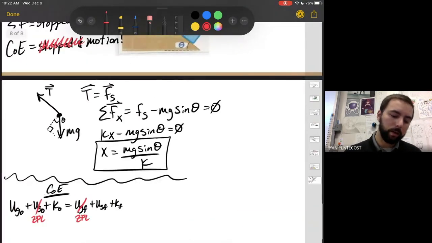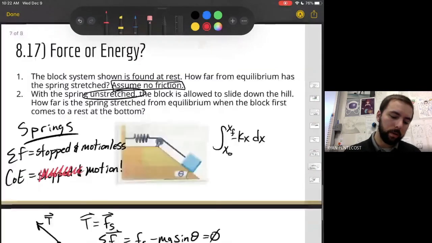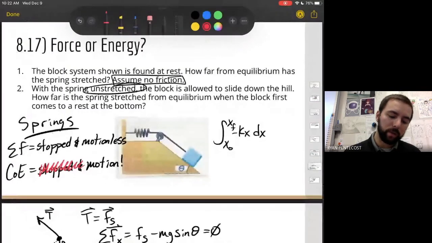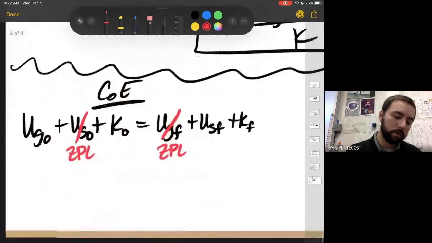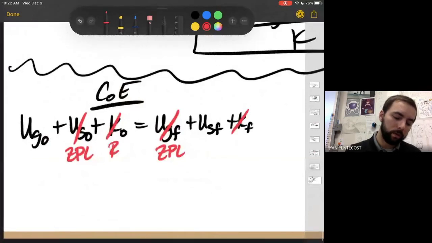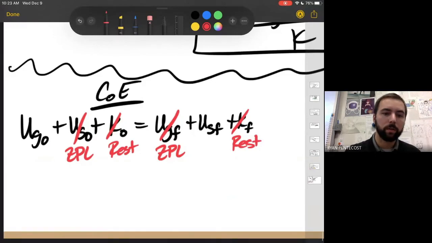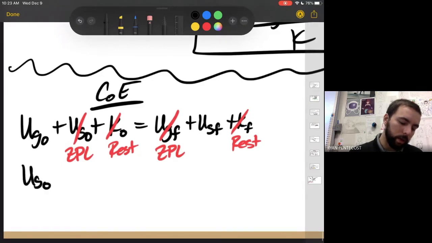It is released from rest, right? The block is just allowed to slide down, and we're looking at maximum elongation, so that is also rest. So rest for both kinetic energies. Okay? So all we are left with is UG naught equals US final.